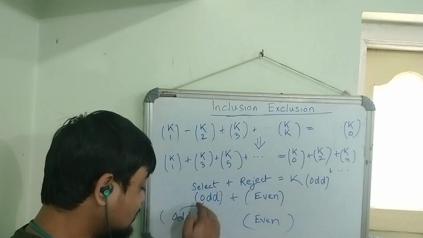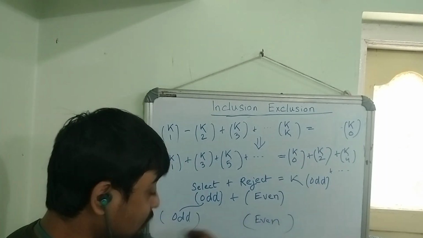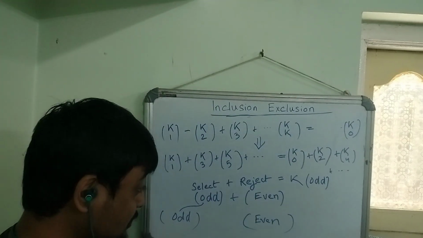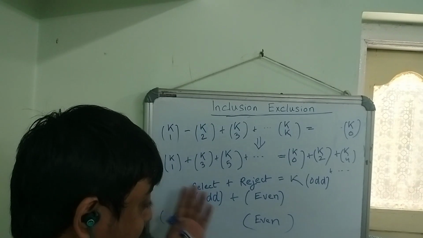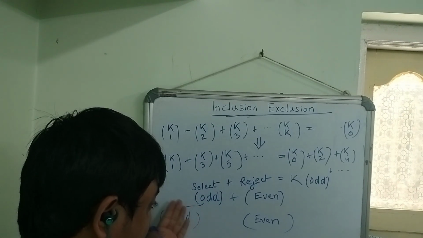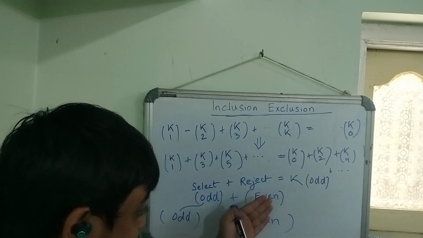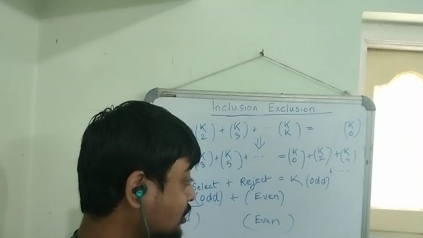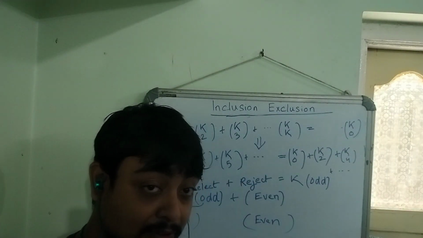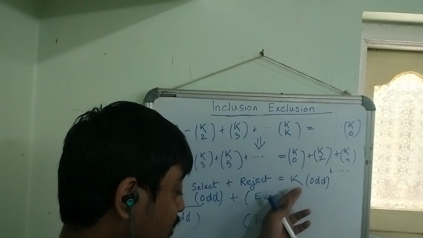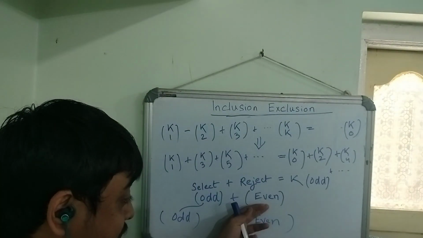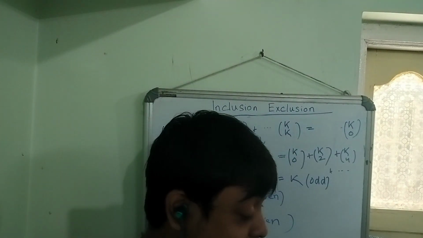So odd subsets and even subsets are formed hand in hand. Hence, we showed that the number of odd subsets is equal to the number of even subsets if k is odd. If the number of elements in the set is odd, the number of odd subsets and even subsets are the same, which is proved.